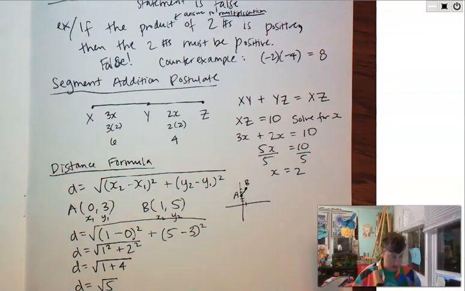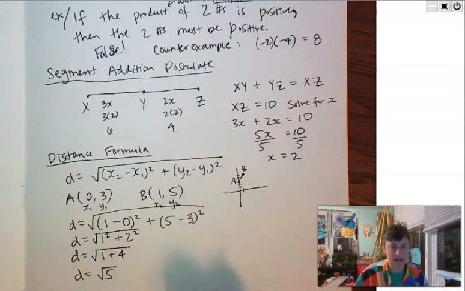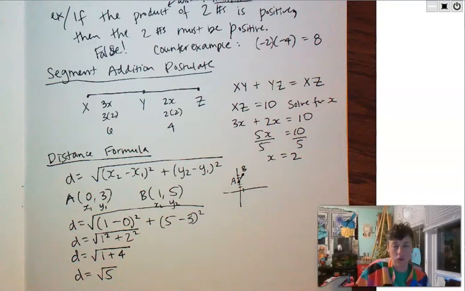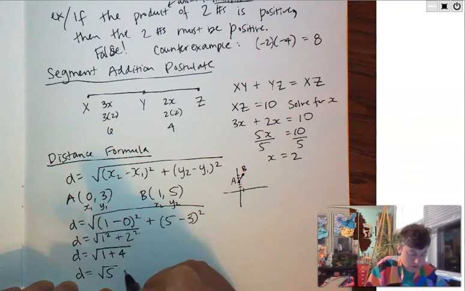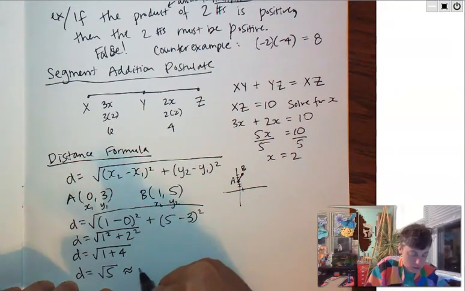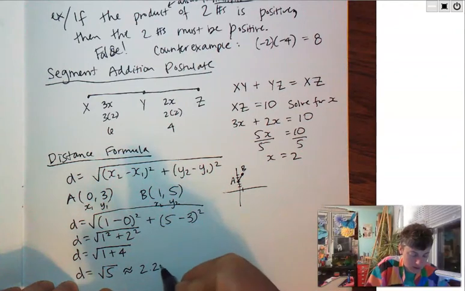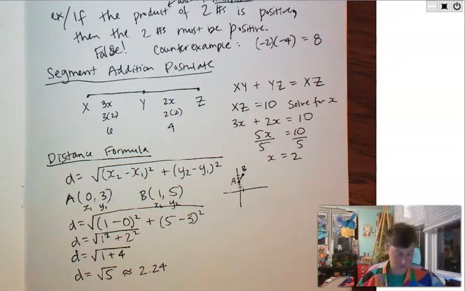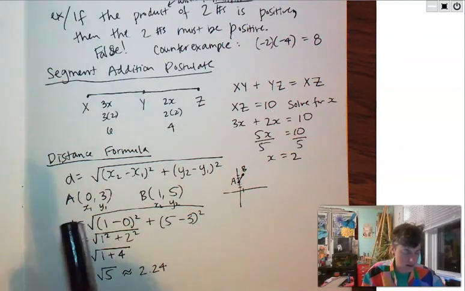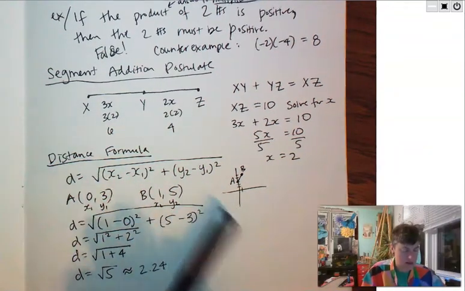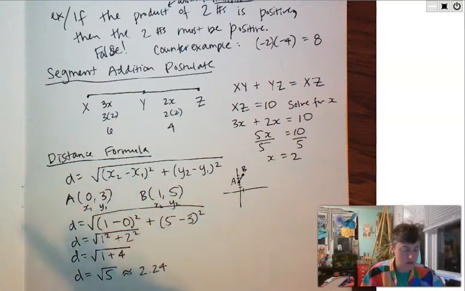Or, if I had a calculator, I could approximate that as a decimal, which would come out to 2.24 if I round to the nearest hundredth. Cool. That's how you use the distance formula. You got your 2 points. You label them x1, y1, x2, y2. Plug them into that formula and solve. Cool. 3 down, 3 more to go.